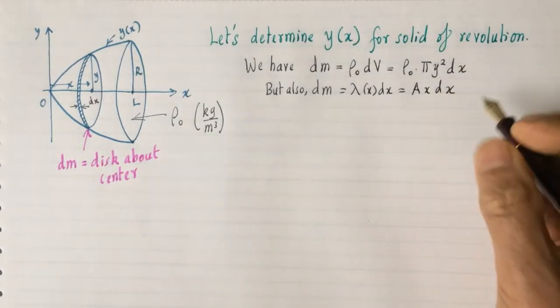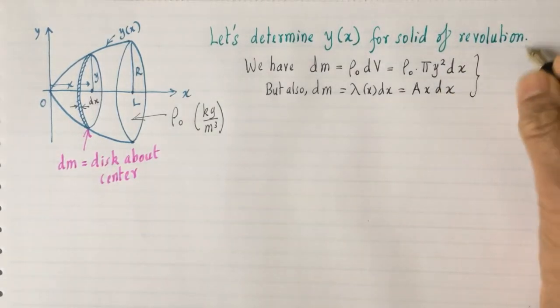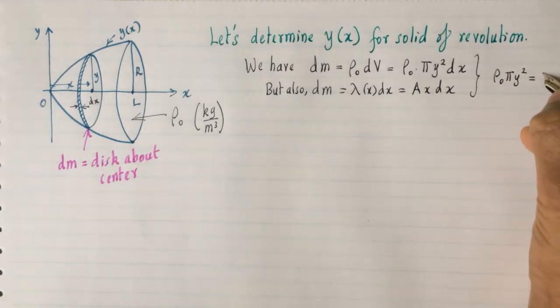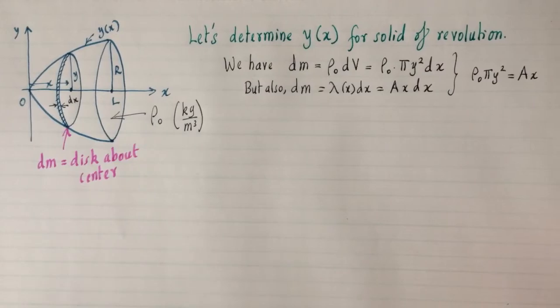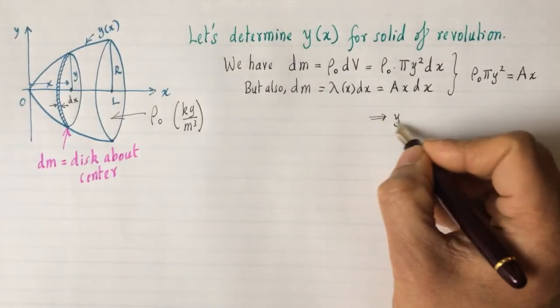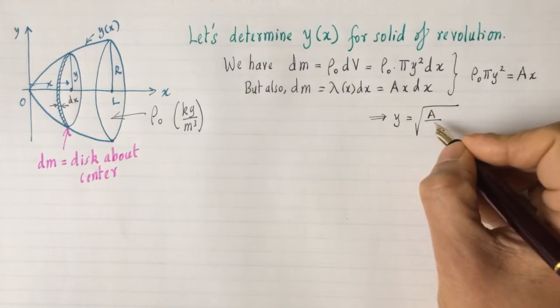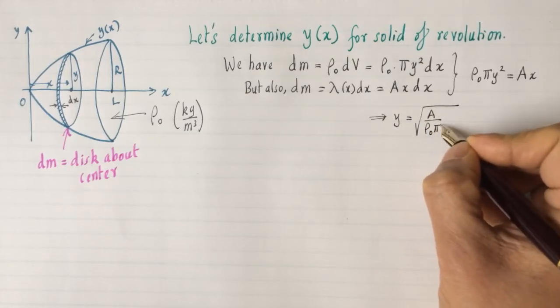So setting them equal, we get rho naught times pi y squared equals ax. And now we can solve for y. I get y equals the square root of some constant, which is a over rho naught pi, times x.